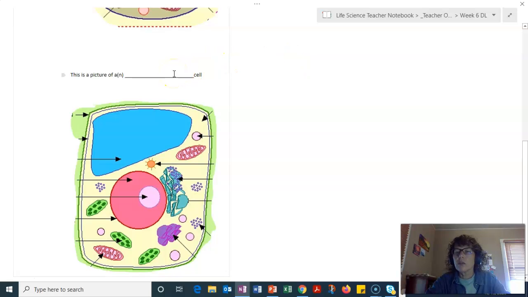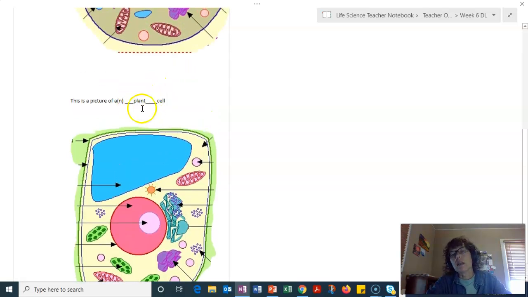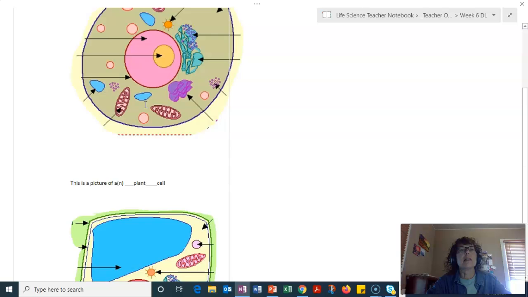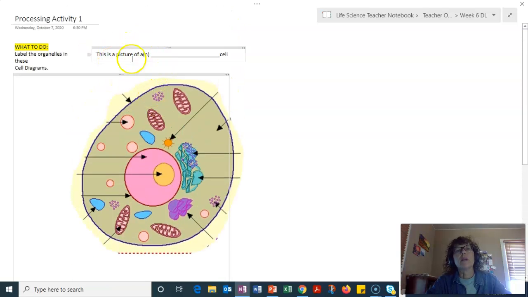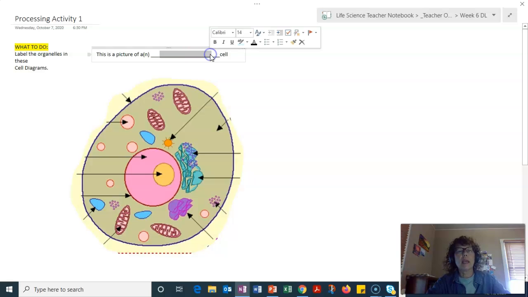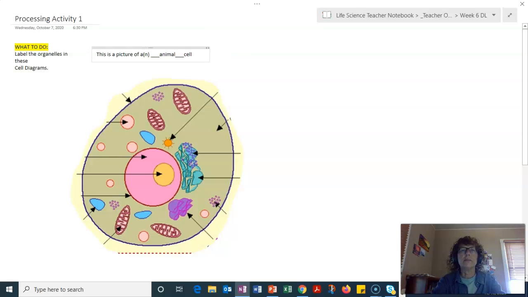Just like in the notes video, I like to highlight a chunk of the blank that you're filling in and then type plant. That way you can still tell that was a blank you had to fill in. I think that's important. And then up here, this is a picture of an animal cell, so I'm going to highlight a chunk of that blank and type in the word animal.